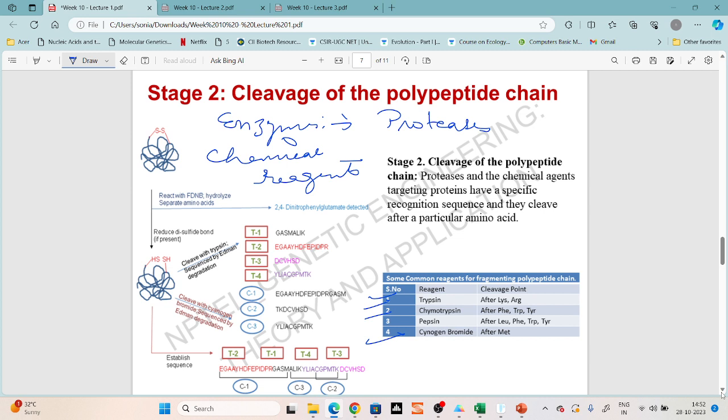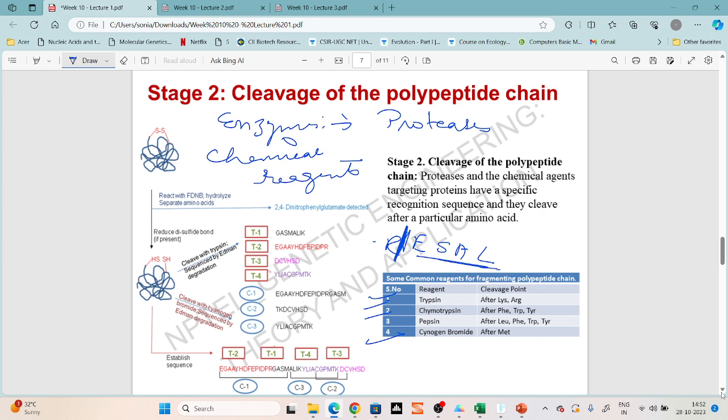For example, if I talk about trypsin, then trypsin will cleave after lysine or arginine. So if there is lysine or arginine, it will cleave here. Trypsin will cleave after your arginine.